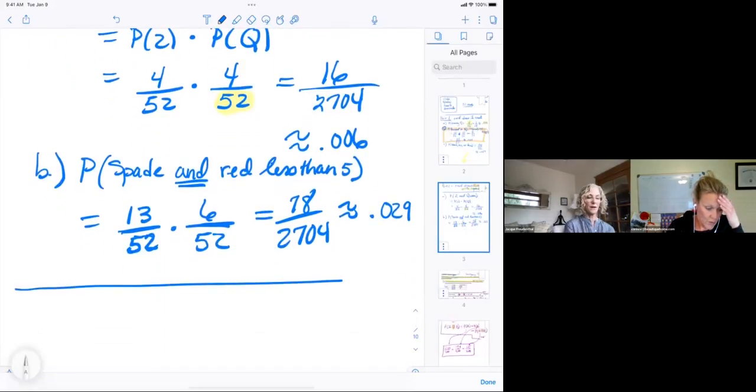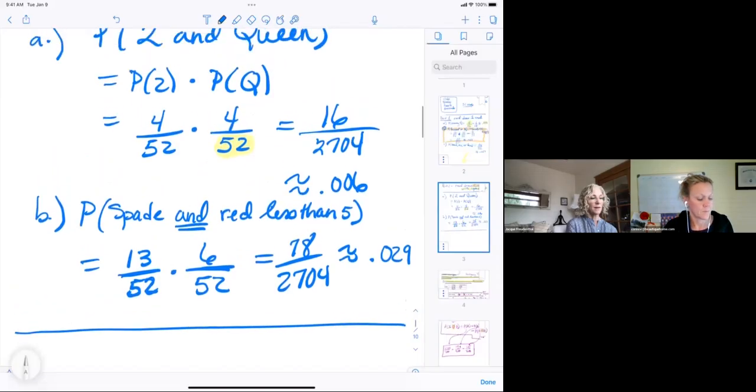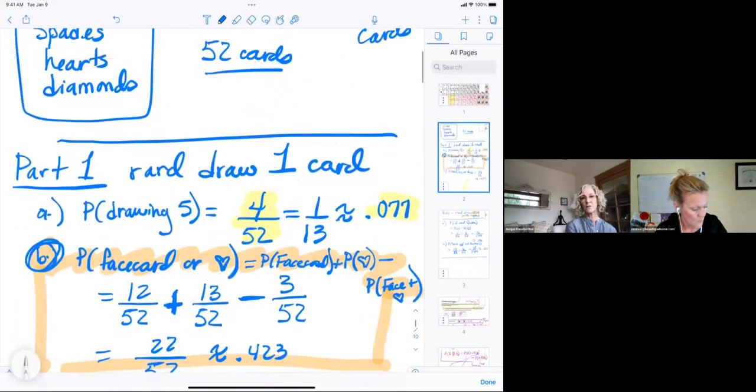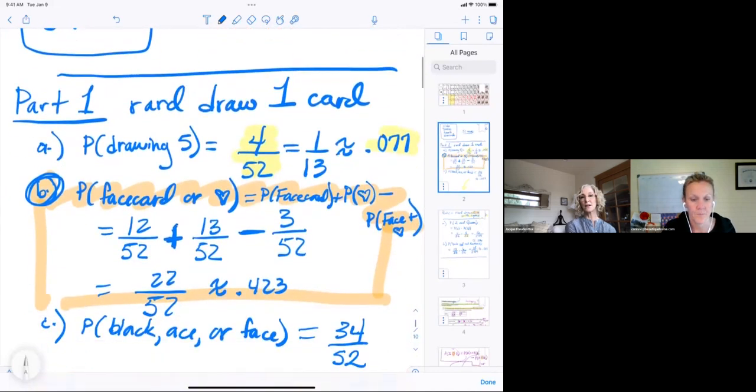Okay, please stop me if you have questions. We have one more part on here. What we are paying attention to is how many cards we were drawing. On the first one, we only drew 1 card. Because we were drawing 1 card and asking, like in part B, face card or heart, we have this addition that happens.